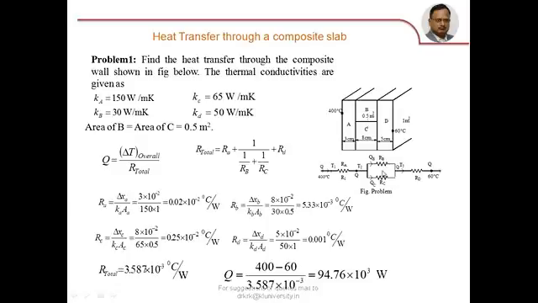Material B offers a resistance of RB, and across this resistance the temperature difference is T2 minus T3. So QB is equal to T2 minus T3 by RB. Similarly, QC is equal to T2 minus T3 by RC.